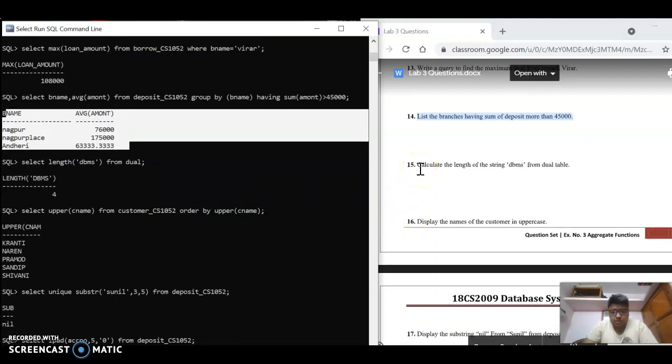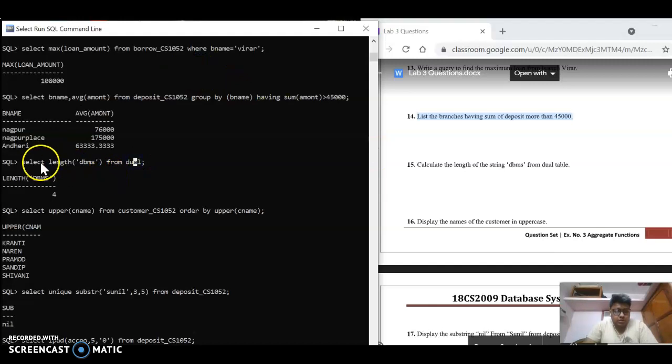15th question, calculate the length of the string DBMS from the dual table. So select length of DBMS from dual. Here we have to calculate the DBMS length. So the length of DBMS is 4, because DBMS has 4 letters, so the output came as 4.